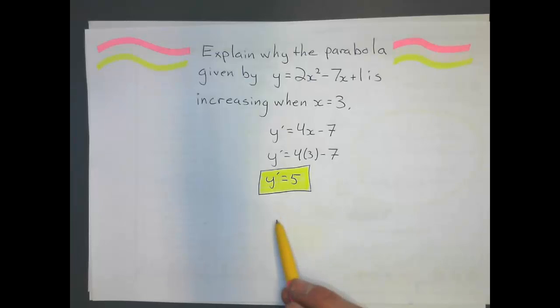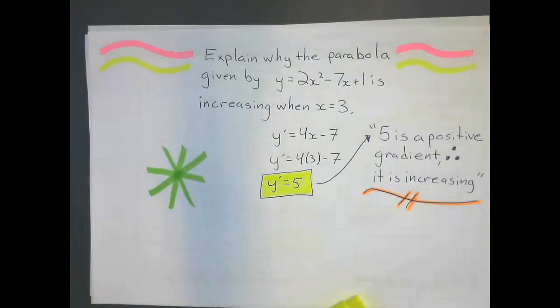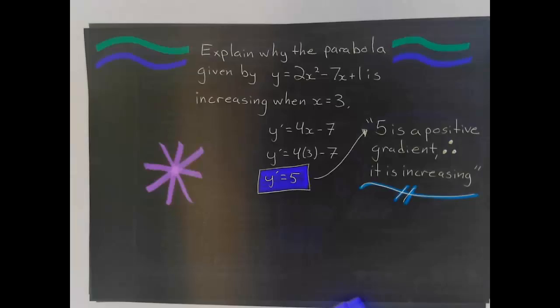What this means is that 5 is a positive number, therefore the function is increasing. I'll write that out since it says explain: 5 is a positive number, a positive gradient, therefore it's increasing when x equals 3. The gradient's 5 when x equals 3. That'll get us on our way.